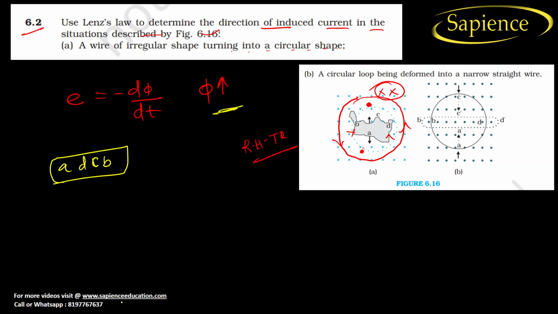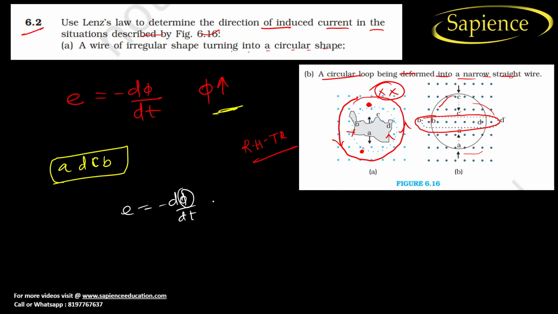Now the second part of this question, just read this: a circular loop being deformed into a narrow straight line. So this is the circular loop and it has been deformed. What actually happens here is that EMF is equal to minus d phi by dt.